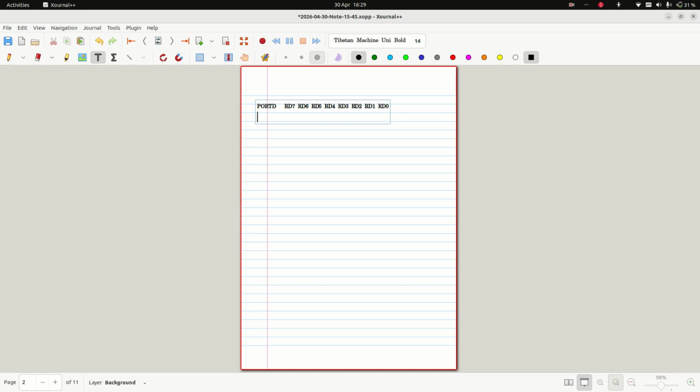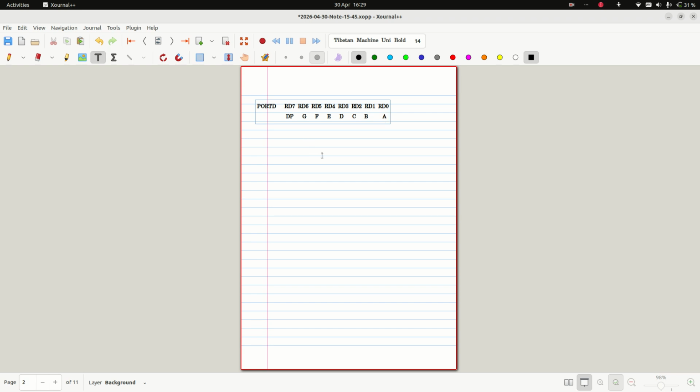We have 8 bits. RD7 is connected to DP, RD6 connected to G, RD5 connected to F, RD4 connected to E, RD3 is connected to D, RD2 is connected to C, RD1 is connected to B and RD0 is connected to A.